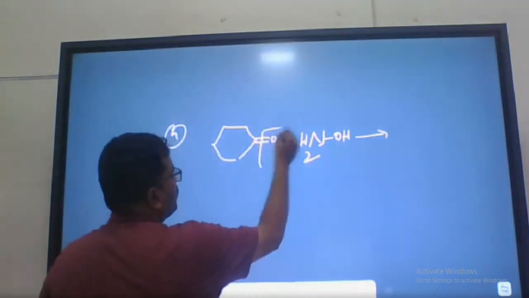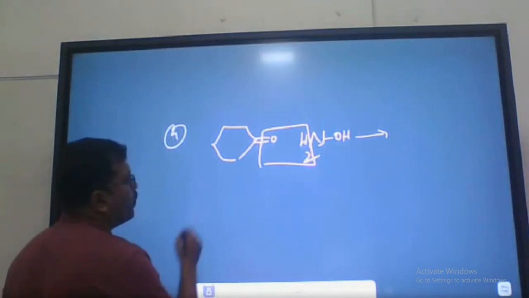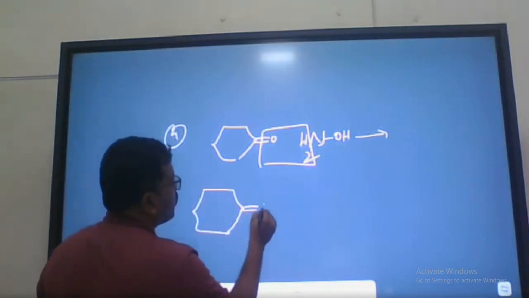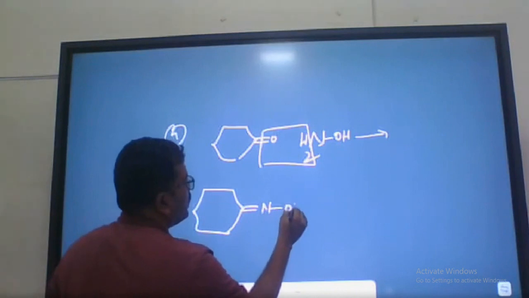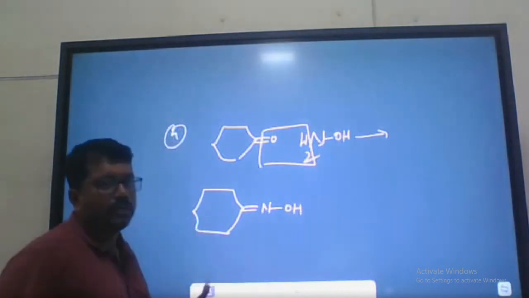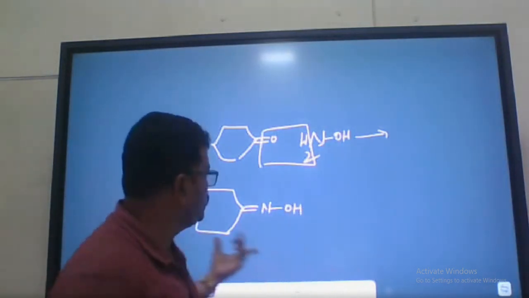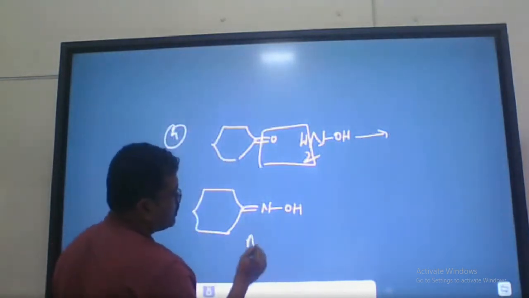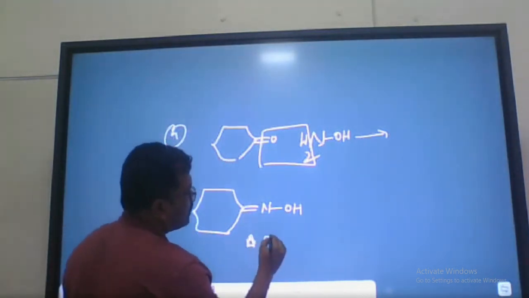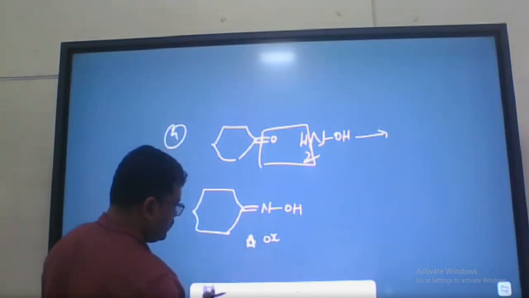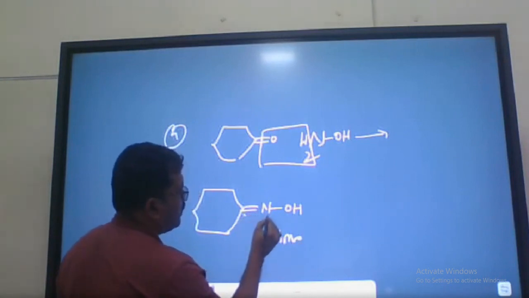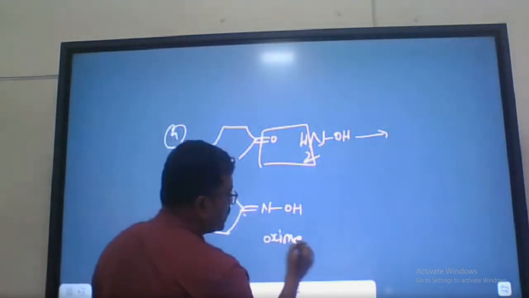Again, it eliminates this H2 and O. So this forms this remaining OH. This is called oxime. So the functional group is oxime. Carbon NOH is called oxime.